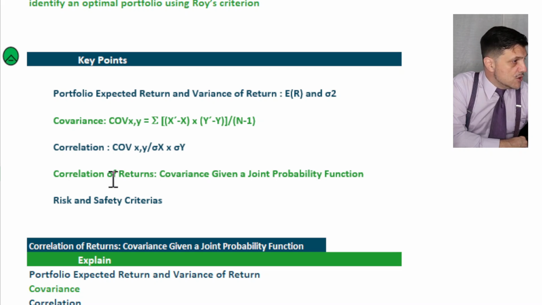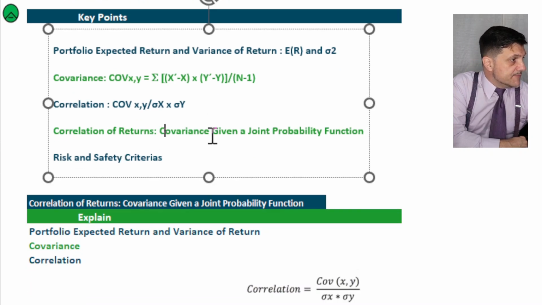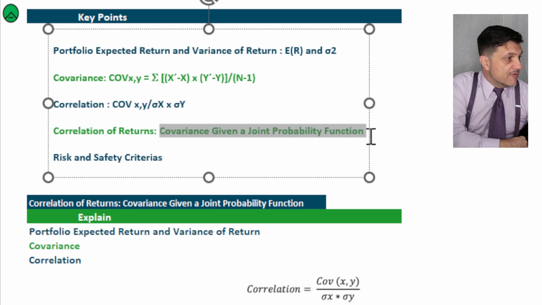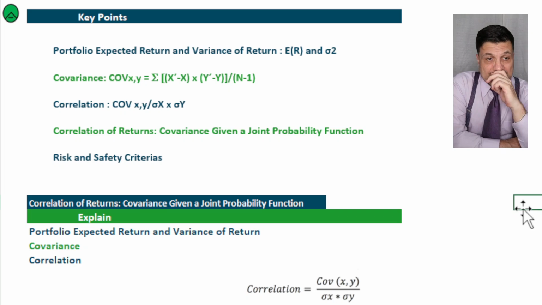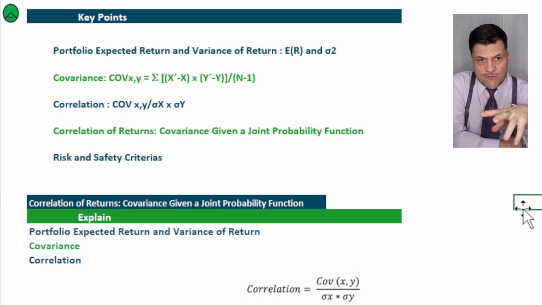All right. Correlation of returns, okay? It's important. Covariance given a joint probability function. What it means is, like we said, the normal distribution, etc. This one I found a little bit too much, maybe, to face as a question. But again, you're going to have time to practice questions with correlation of returns and the normal distribution in the ecosystem.